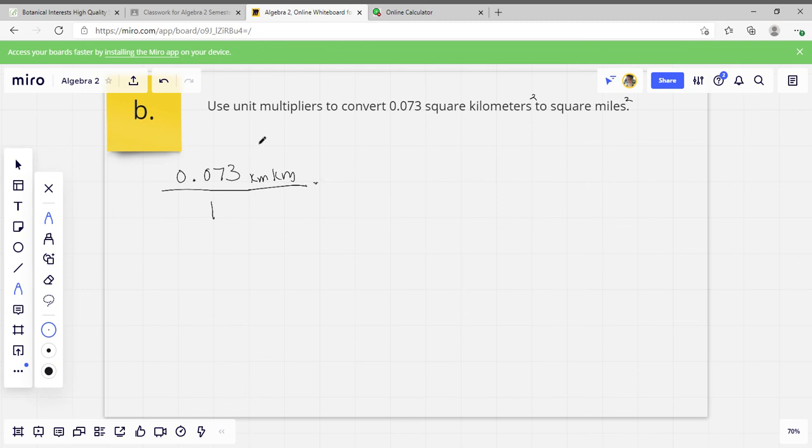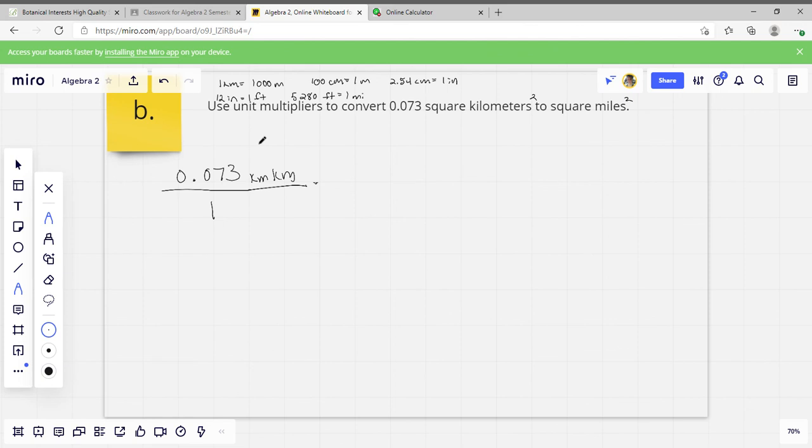And we're going to miles, so we're going to have to go 1 kilometer equals 1,000 meters. 100 centimeters equals 1 meter. 2.54 centimeters equals 1 inch. 12 inches equals 1 foot. And 5,280 feet equal 1 mile.